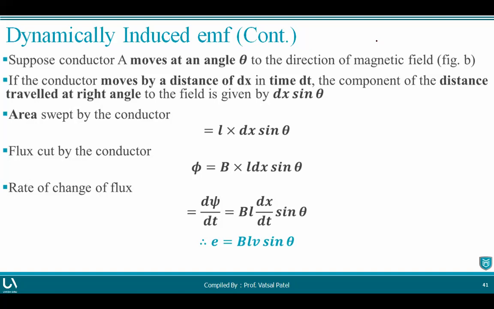The question I asked is, as given here, the component of the distance travelled at a right angle, can we say it is perpendicular with respect to the magnetic line of force? Are you getting what I am saying?